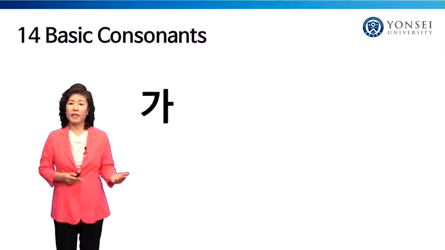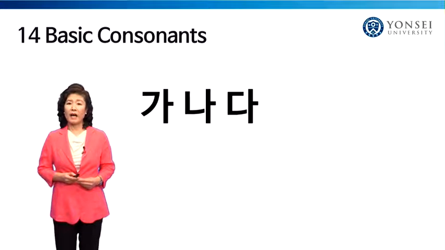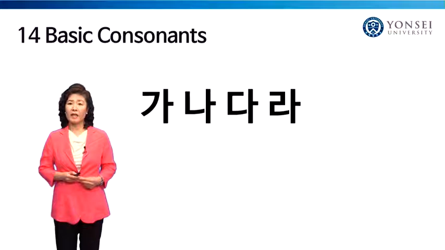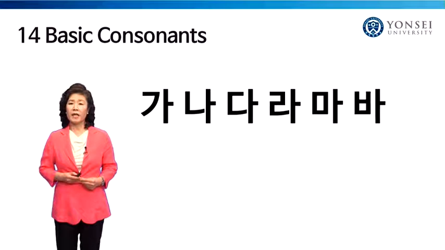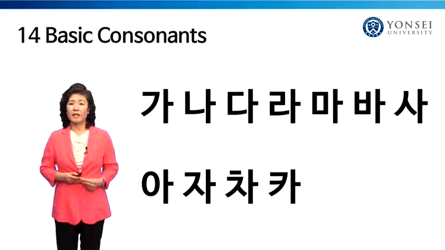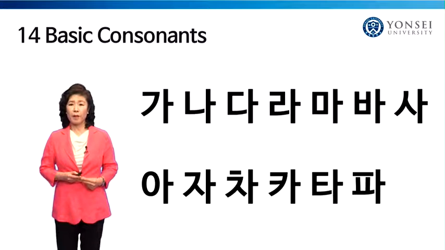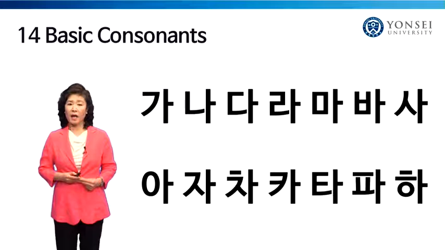Repeat after me. 가, 나, 다, 라, 마, 바, 사, 아, 자, 차, 카, 타, 파, 하. Well done! This is the order of the letters in the dictionary, so it will be very helpful to memorize it.